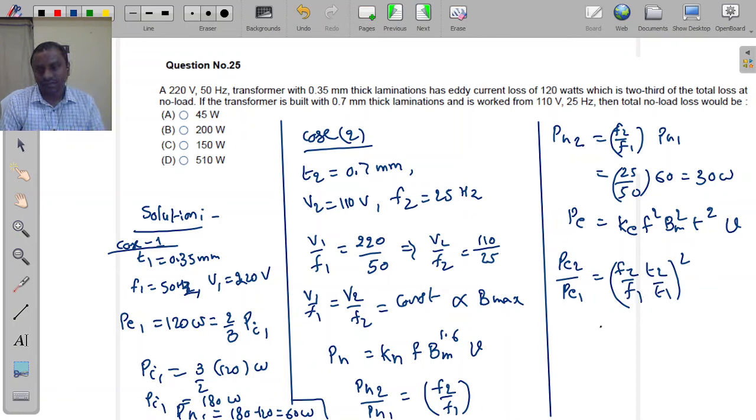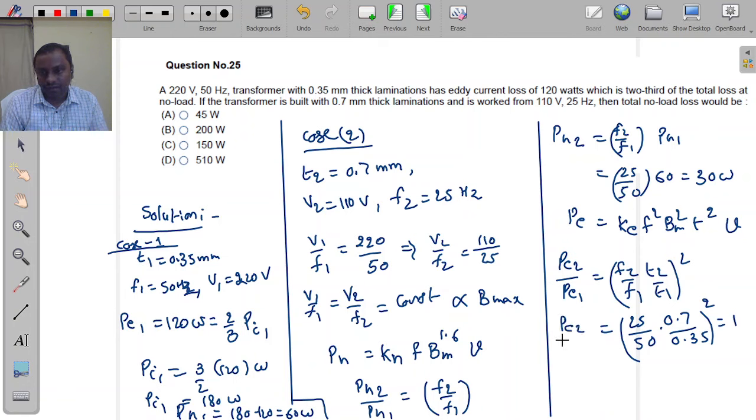Now when you substitute, F2 is 25, F1 is 50, T2 is 0.7 divided by 0.35, whole square. Now it becomes 1, so PE2 becomes PE1. PE1 is 120 watts.